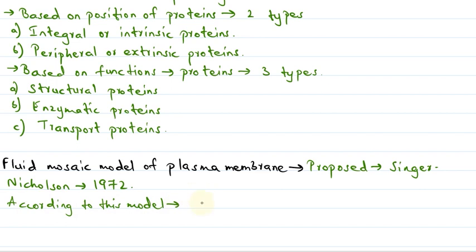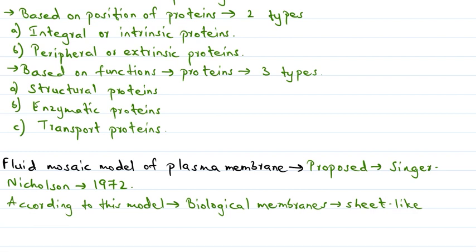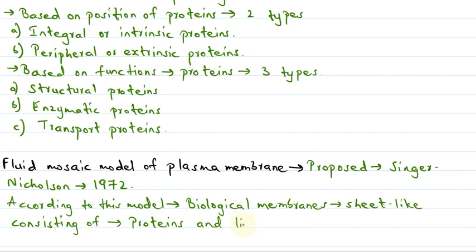This model says that the biological membranes are actually sheet-like structures that consist of mainly what? Proteins and lipids.